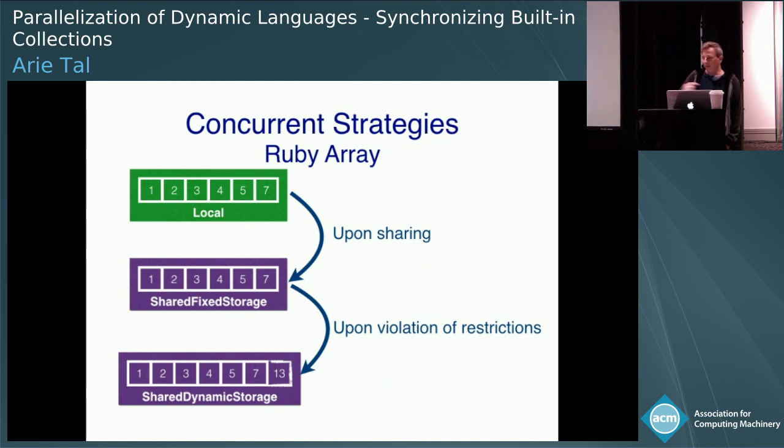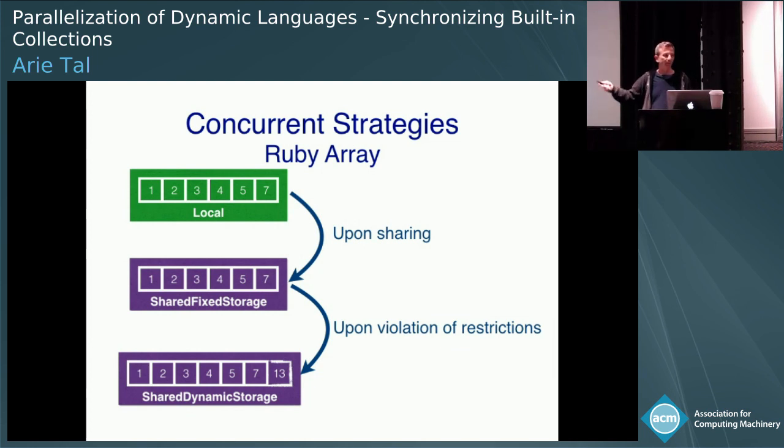Now, keep in mind that if we switch from local to shared, the collection is still local, so we can do the switch safely before we actually make it shared. However, once it's shared, we need to switch to the dynamic one, but it's already shared, right? It's already out there.